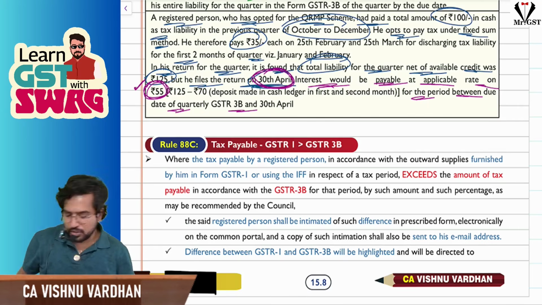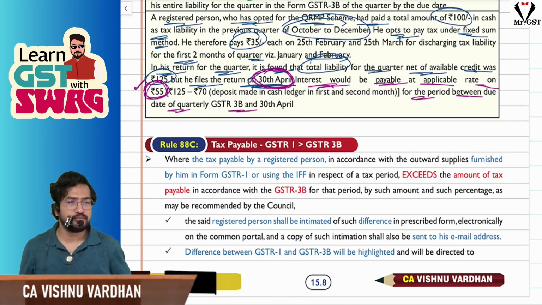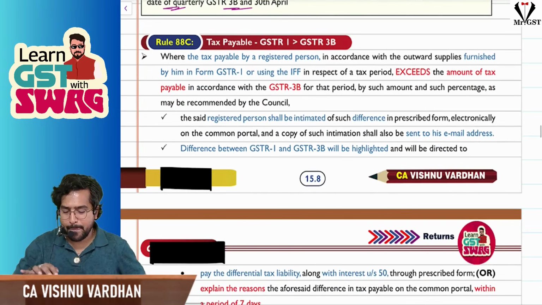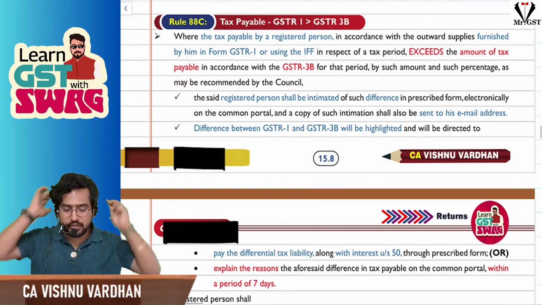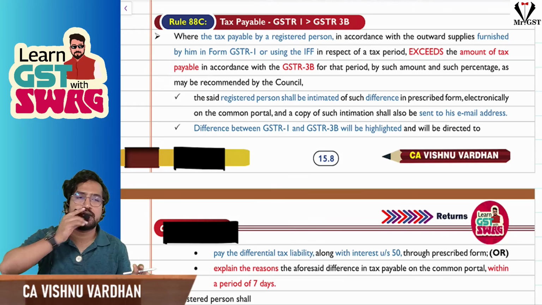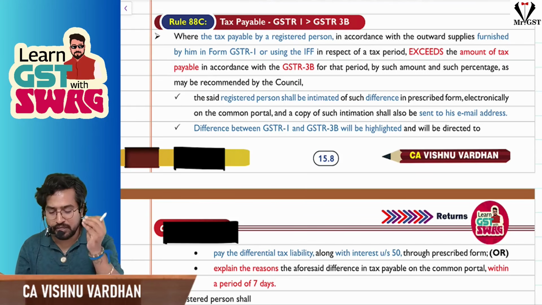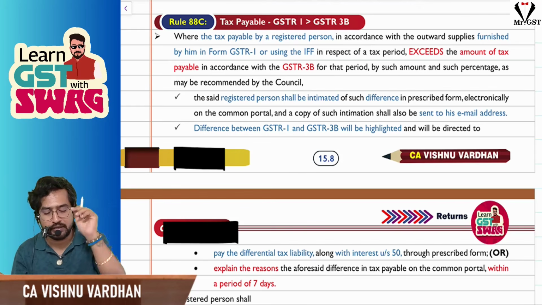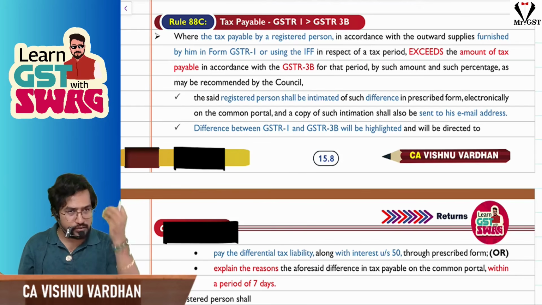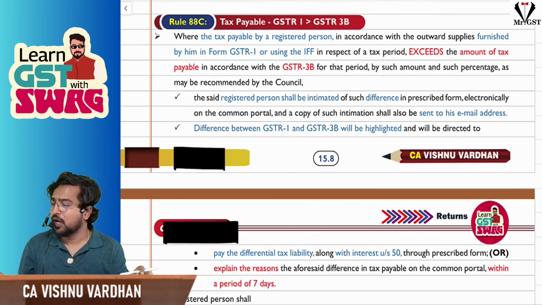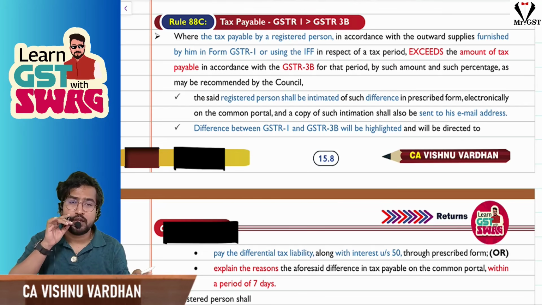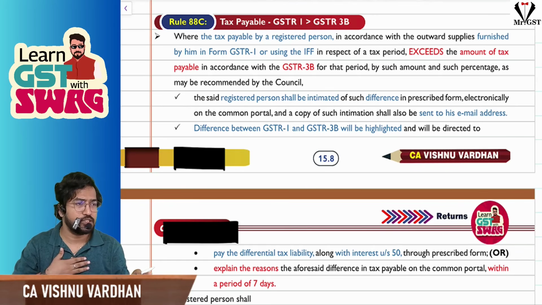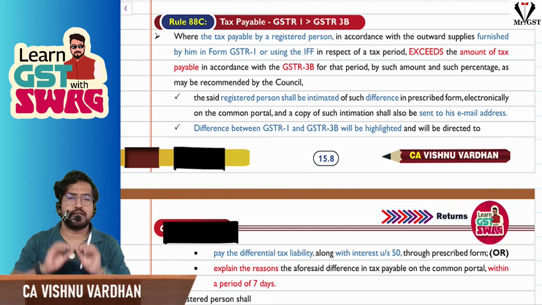Babu Monish, read this Rule 88C slowly and carefully. What is Rule 88C? Do you remember? To keep it simple, tax payable in GSTR 1 greater than in GSTR 3B. That's Rule 88C. Do you remember the story? The officer system will give you notice. For that, what you should do? You should accept the mistake and pay the tax, give the proof.